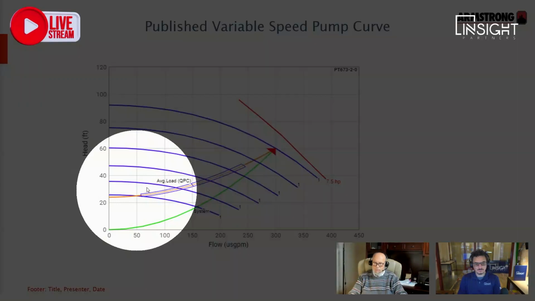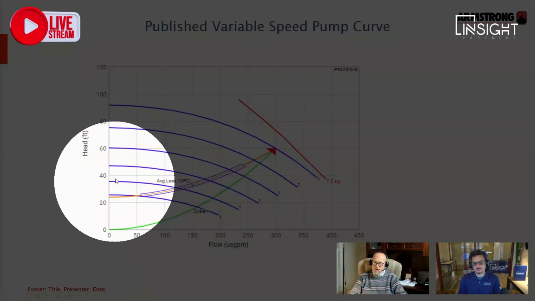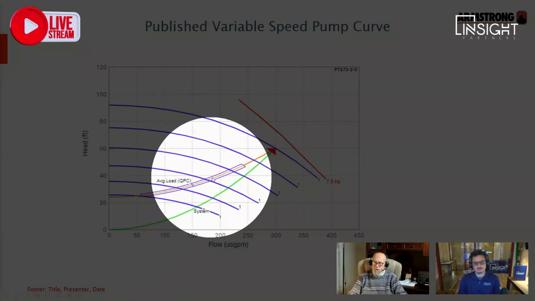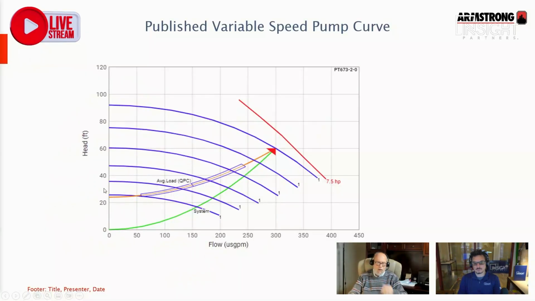So we start down here at 40% of the system design head and move upward, and that's what we call the control curve.